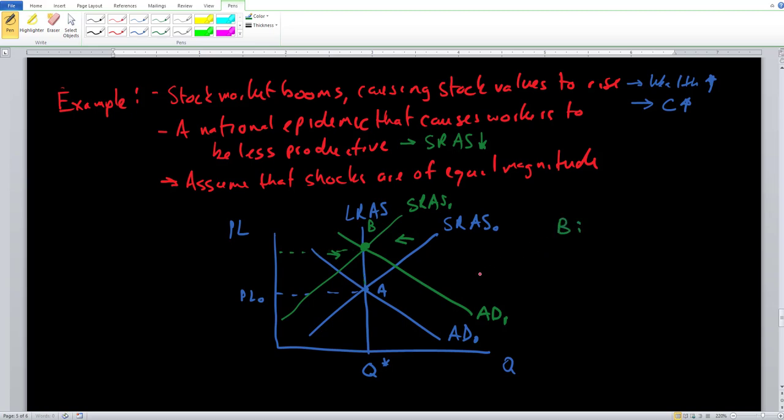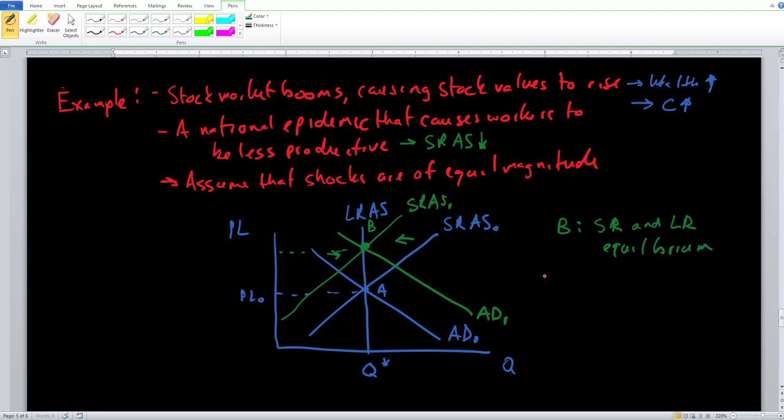What type of equilibrium are we left with? We're left with short and long run equilibrium. We're in short run equilibrium because this is where the SRAS curve and AD curve intersect with one another, and we're also in long run equilibrium because we're also intersecting the long run aggregate supply curve as well. So this is a case where we are both in short run and long run equilibrium.